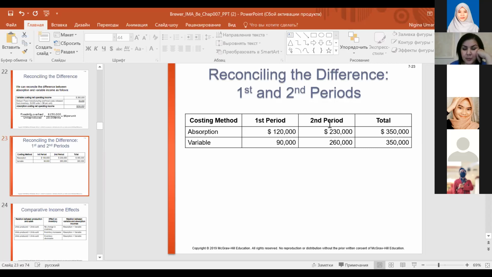In the second period, absorption costing net operating income is lower than variable costing net operating income. And why does it happen? The thing is that we must look at the inventory, whether inventory increases or decreases.